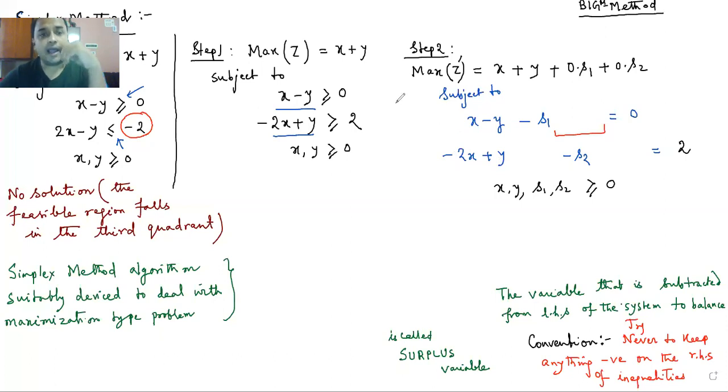Now you may ask me at this point, why did you keep these parts blank? This part is blank is quite understandable because S1 is absent. If you write it explicitly, you can write it as plus 0 into S1, and you can write plus 0 into S2.